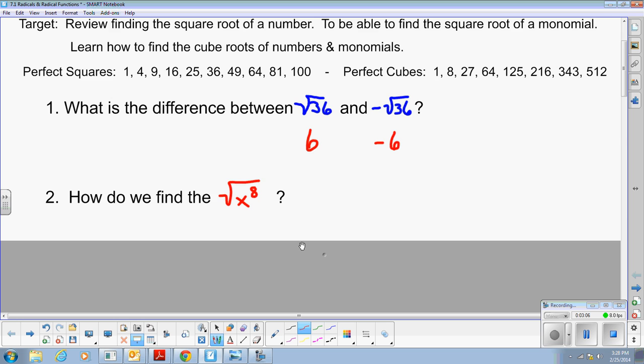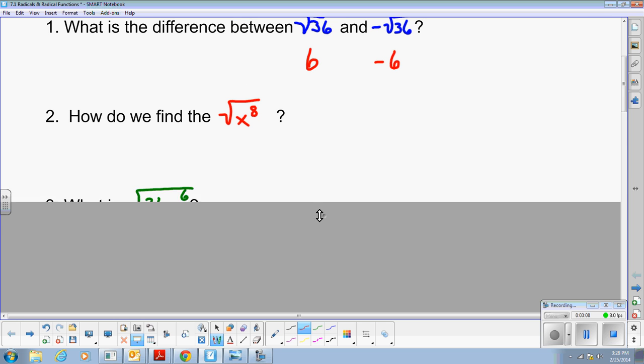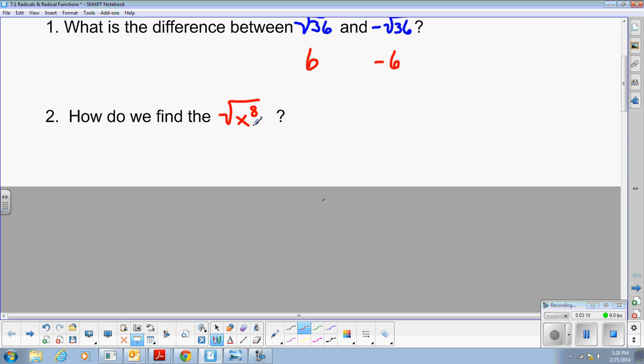Second, how do we find something like the square root of x to the 8th power? What I have to ask myself is, what was multiplied by itself to give me x to the 8th? What number can I add to itself to get 8? Think for a second. The answer to that happens to be 4, because 4 plus 4 is 8.